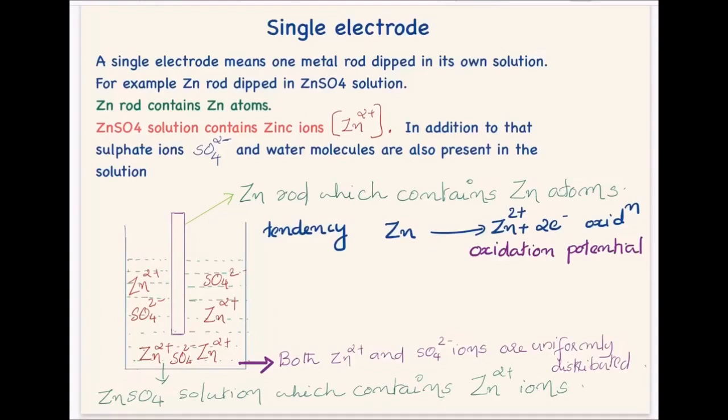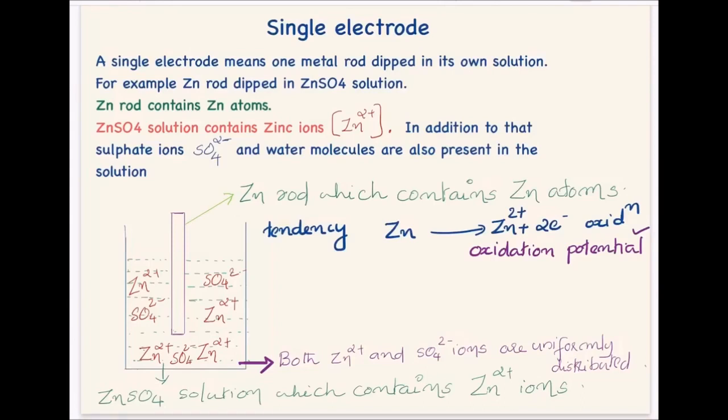So in the single electrode, zinc dipped in zinc sulfate solution, the zinc atoms in the zinc rod have a tendency to release electrons, become zinc ion and go into the solution. This reaction is oxidation. This tendency is known as oxidation potential.